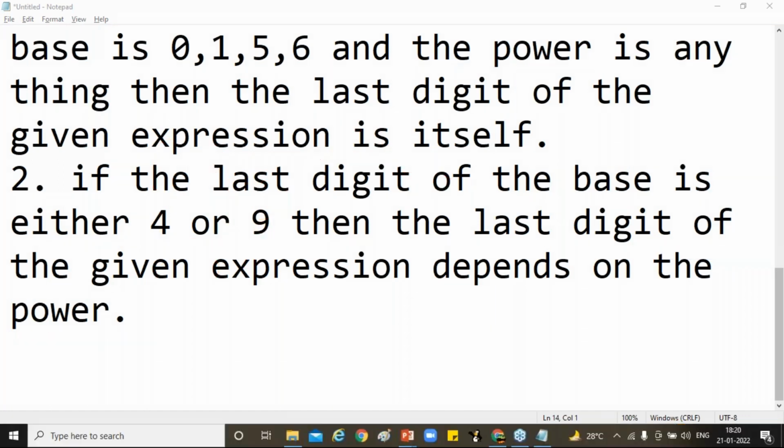So in what way does it depend on the power? Please focus, everyone.